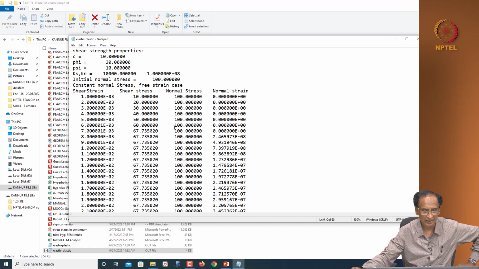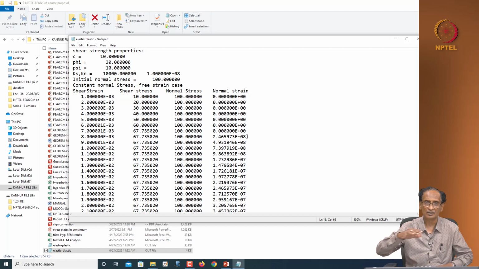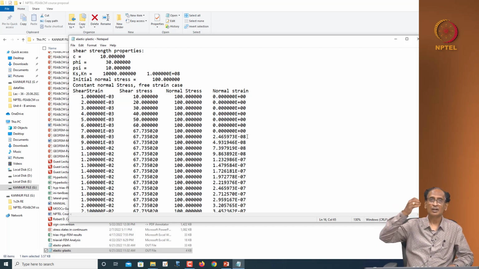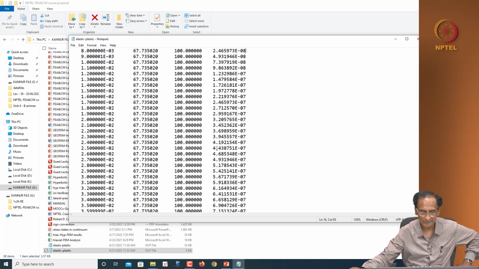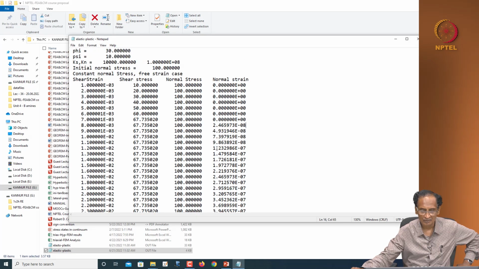Normal stress is remaining constant at 100, but then your normal strain has started increasing, gradually, because of your cross terms, the interaction terms. And this normal strain increase will be higher for a higher dilation angle.